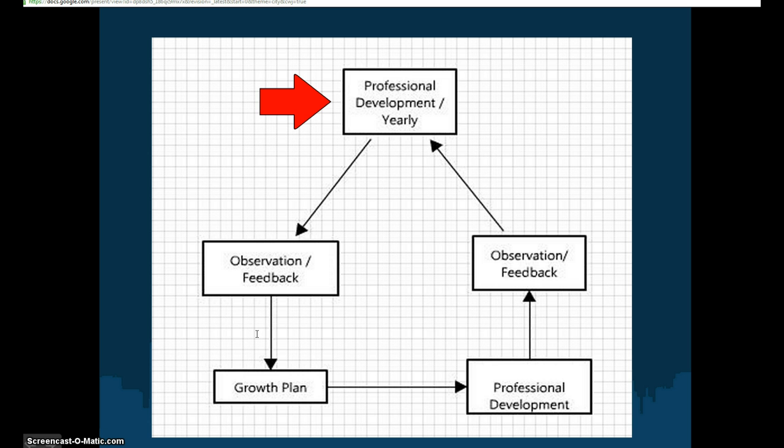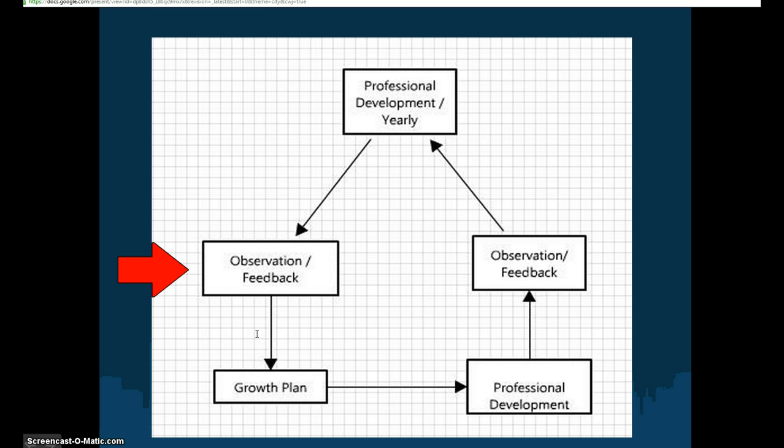One way to take a look at the evaluation process is to take a look at this diagram. It all starts with professional development on the evaluation process. Like I said, in our district, it happens yearly. Then the teacher is observed on a regular basis and provided with timely feedback from those observations.